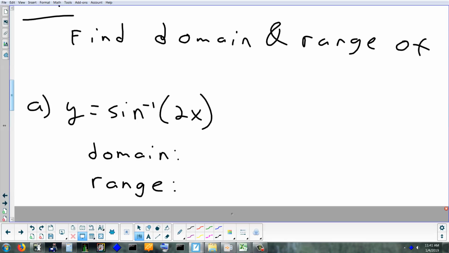Yep. Negative pi over 2 to pi over 2. That's the domain of the original, which becomes the range in the inverse. Now, Robin just told us the domain, what it starts out as. You said it was what again? Negative 1 to 1.